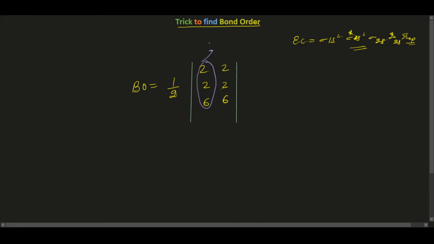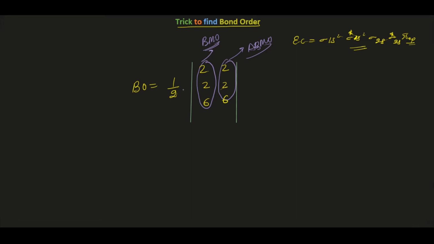Your BMO, bonding molecular orbital electrons, and this column shows your ABMO, or anti-bonding molecular orbital electrons.